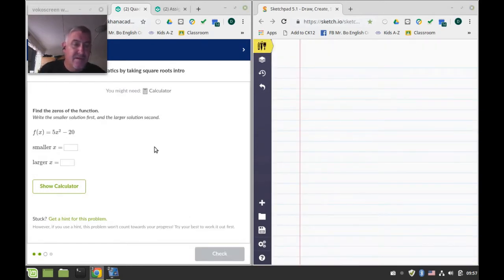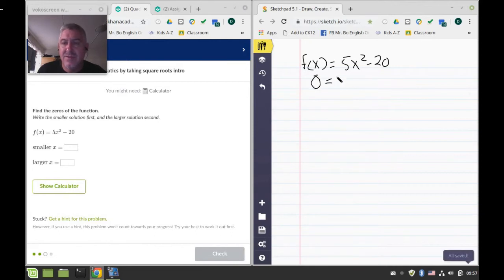Okay. Our next question, find the zeros of the function. Write the smaller solution first and the larger solution second. So our function is f of x is equal to 5x squared minus 20, and we want to find the 0, so we want to know when it is 0. 5x squared minus 20 is equal to 0.